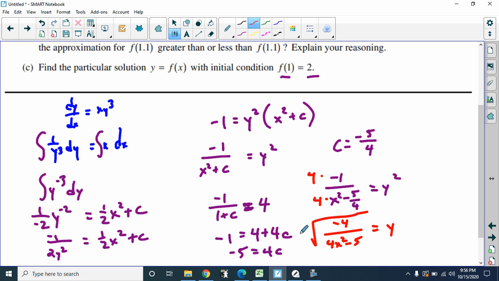Remember, we do technically have plus or minus, but when we plug in 1, we want to get +2. So if I plug in 1 squared, 1 times 4, 4 minus 5, -1, -4 divided by -5. I want to get +2 out of that. So technically it's plus or minus, but because my point's (1, 2), it should just be the positive one out front.